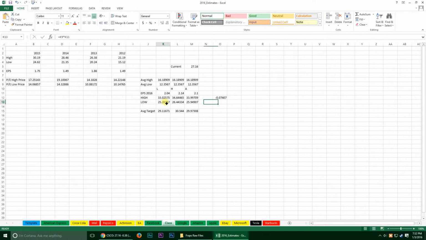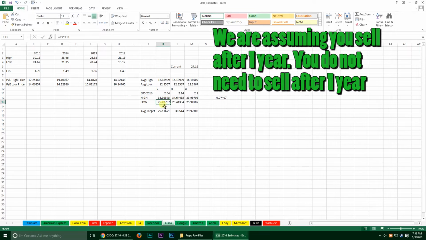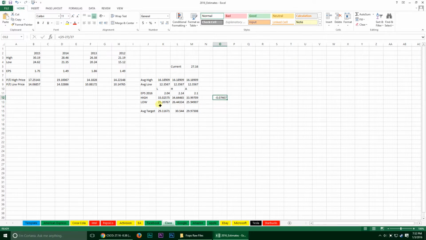The 25 I got from right here. The lowest it looks like for 2016 according to this information and this formula will be $25.20. I'm just using whole numbers because that's very easy for people to understand. So if the price of the stock goes down in 2016, if Cisco has a really bad year, we'll expect about a negative 7% gain, or a 7% loss.